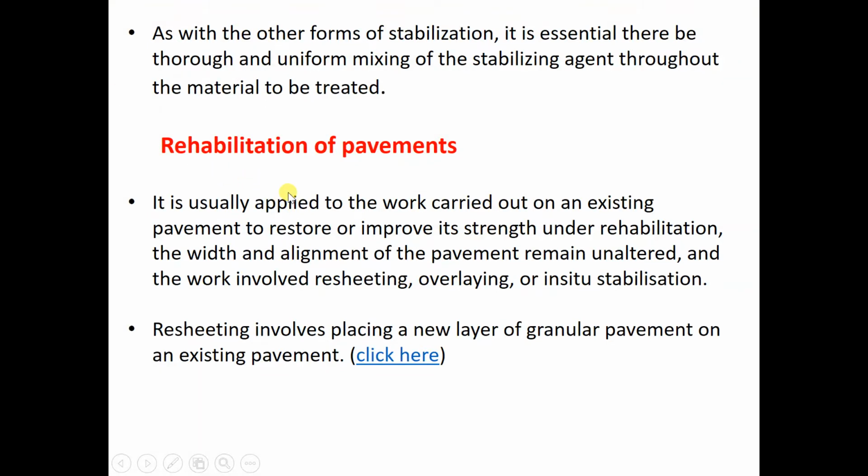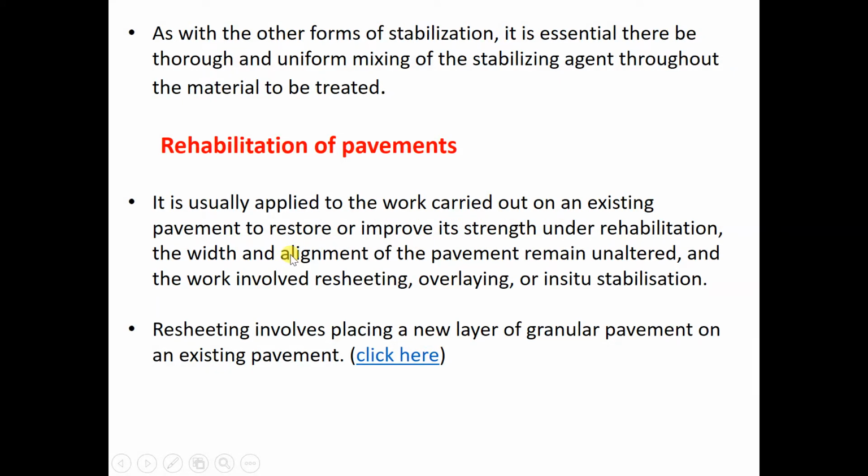So the next one we're going to look at is the rehabilitation of pavement. Rehabilitation usually applies to work carried out on an existing pavement.